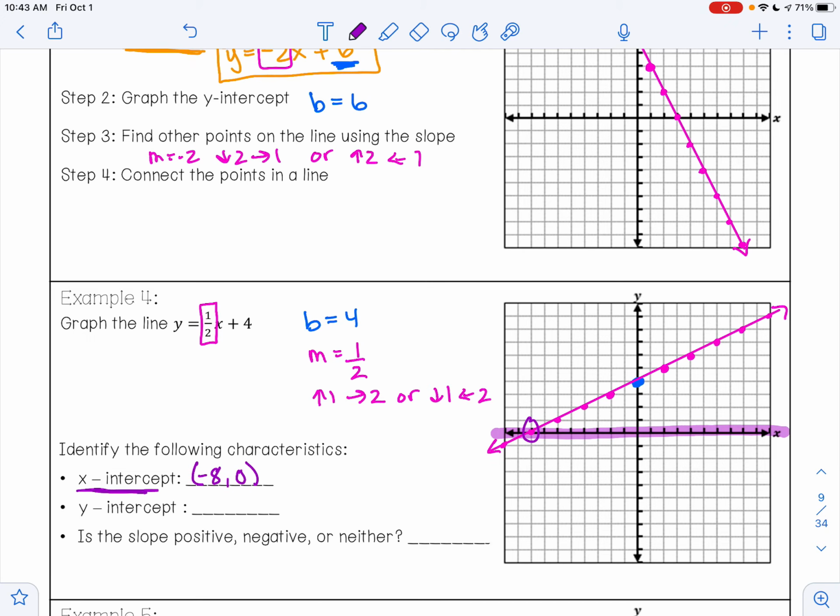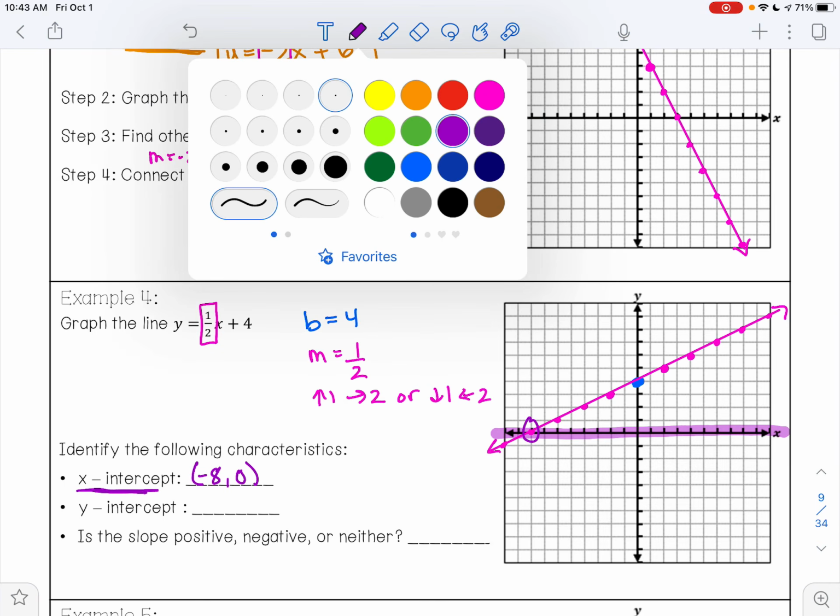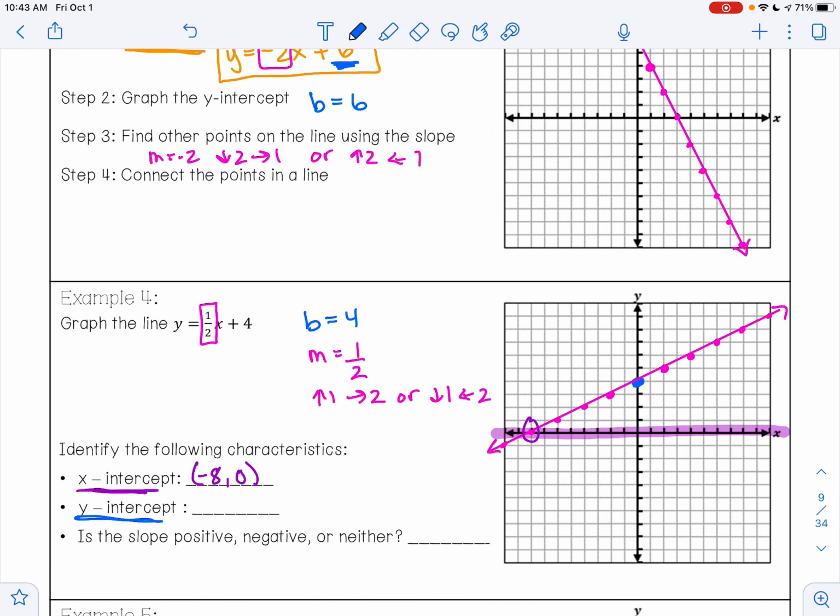And then we want to find your y-intercept. Well, remember, your y-intercept is where your graph crosses your y-axis. This is my y-axis right here. We plotted our y-intercept to begin with. Our y-intercept is at 4. So this right here is the point 0, 4.